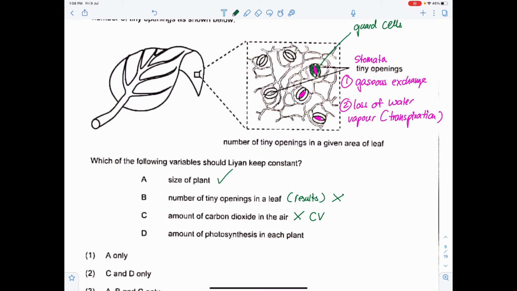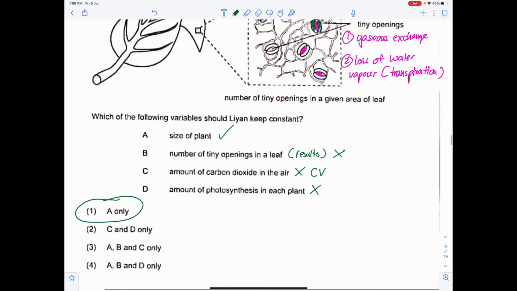Okay, because it's part of the natural process, a natural occurrence in the plant. Okay, due to the size and everything else. So you cannot really keep this constant. So the only one that should be kept constant is A only in this case. Right? How do you control photosynthesis?